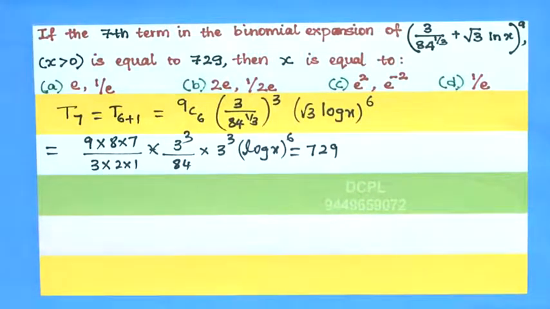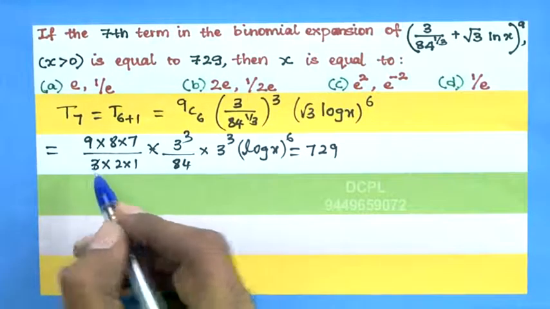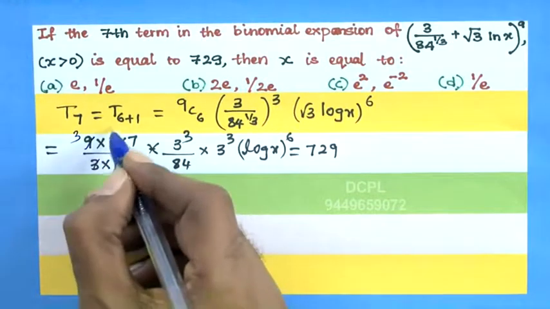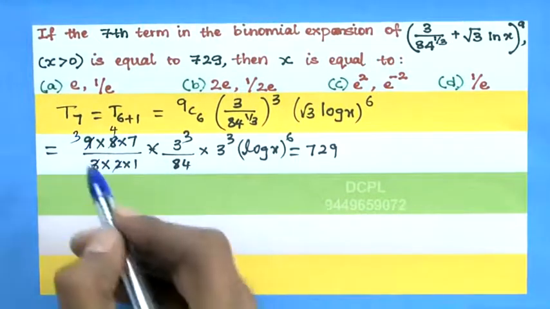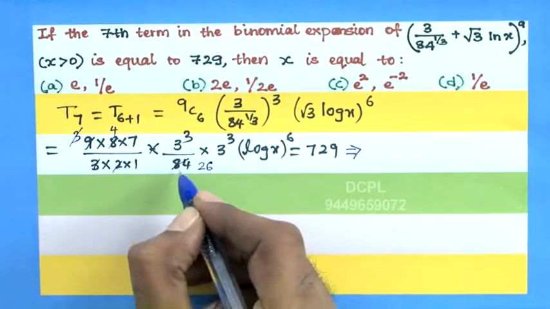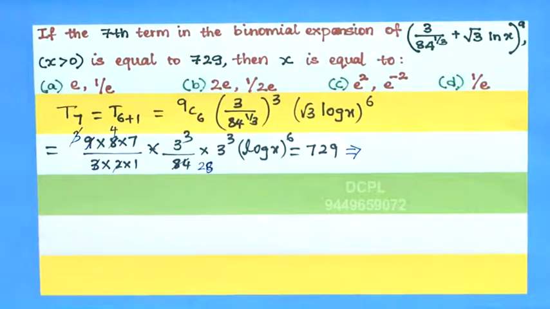Let us simplify this, right? 3 2s are 6, so 3 3s are 9, 2 4s are 8. So can we write this? 3 2s are 6, 3 8s are 24. So then what happens?